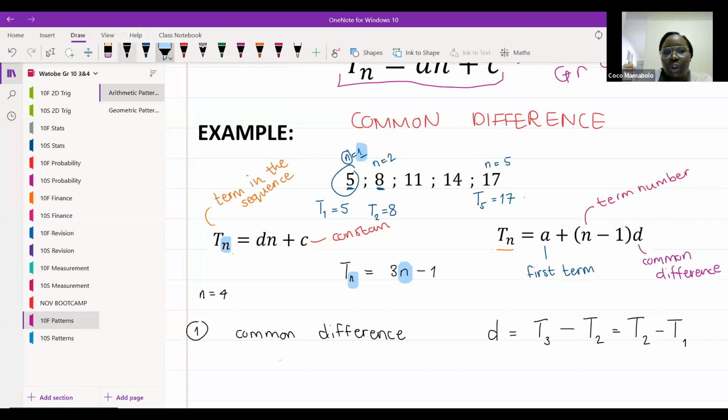So we're then going to have T4 is equal to 3 times 4 minus 1, which is going to give us 11. So what this tells me is that T4 is equal to 11.